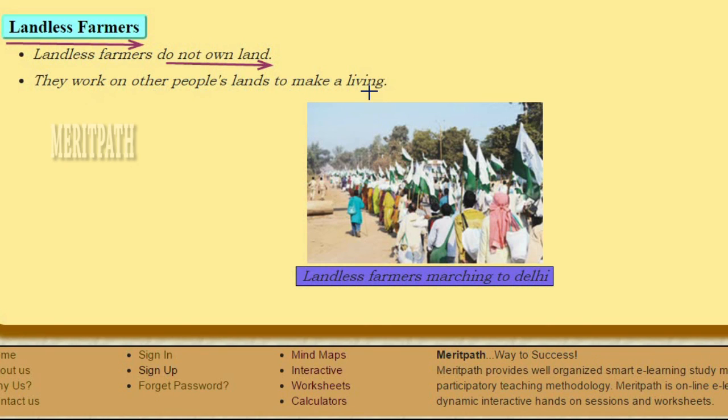Sometimes they form a group like this as shown in this image. Then they go to metropolitan cities and meet the concerned government officials, and request the government to give them some land in charity so that they can do their own farming rather than farming on others' lands.